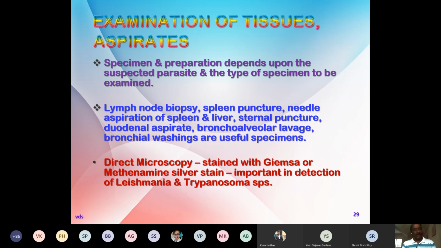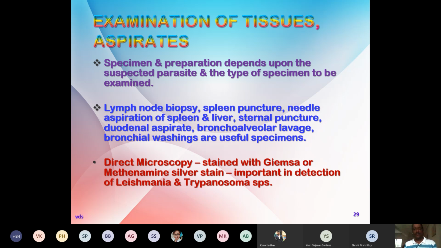Other important specimens are lymph node biopsy, splenic puncture, needle aspirate of spleen and liver, sternal puncture, duodenal aspirate, bronchoalveolar lavage, and bronchial washings. These can be collected and observed under the microscope depending upon the type of suspected case.